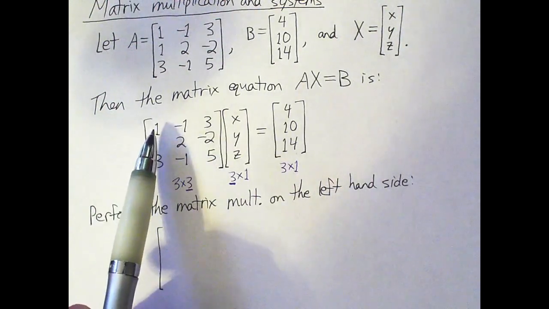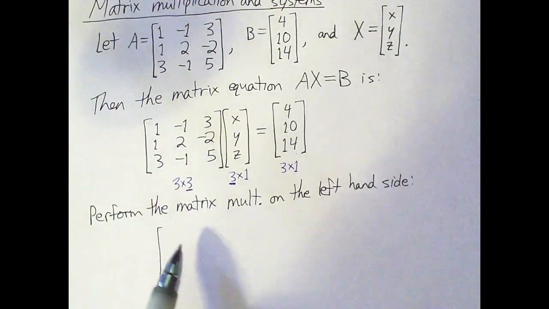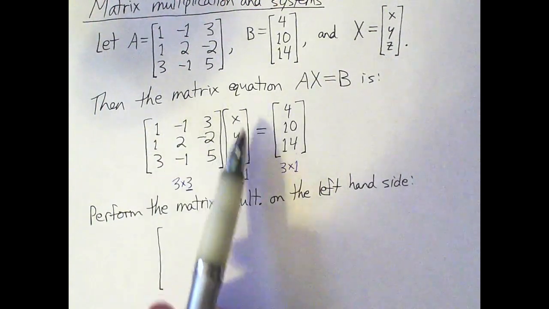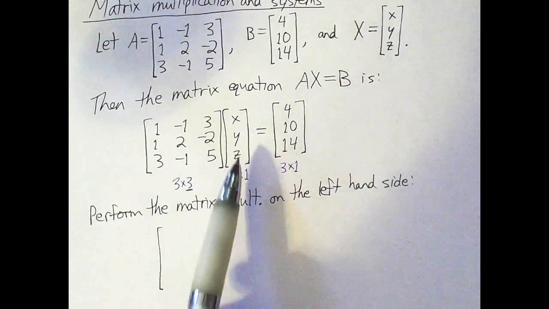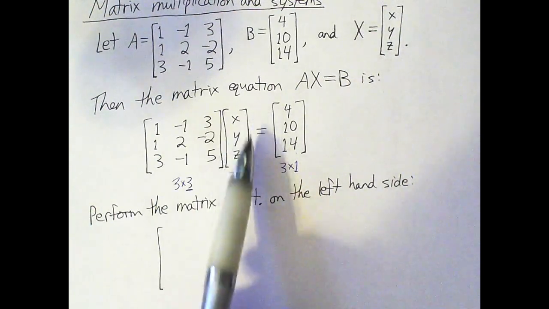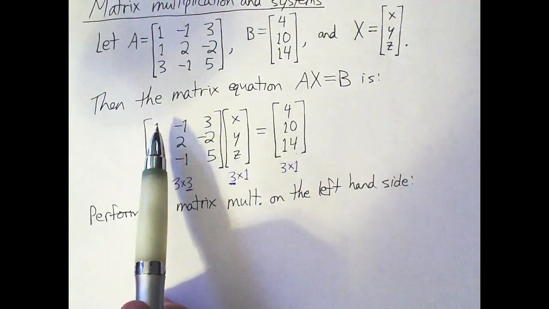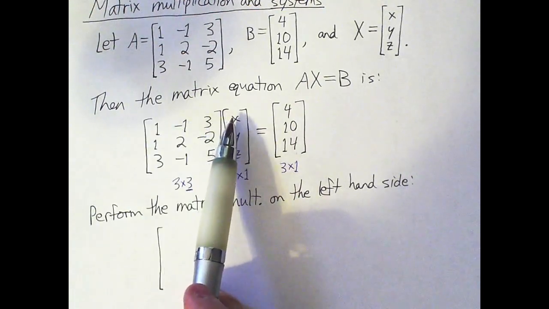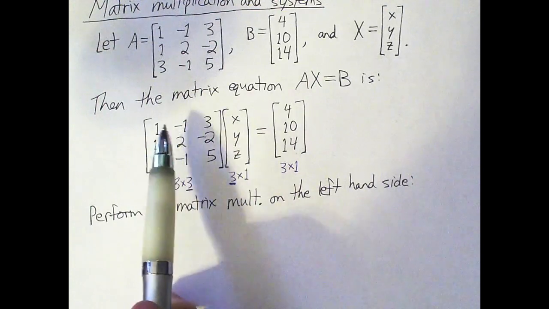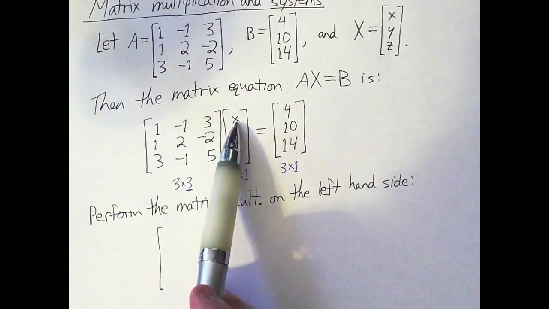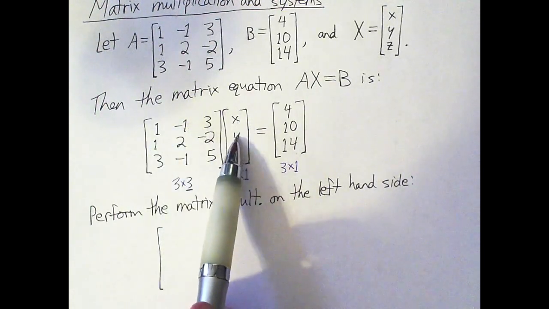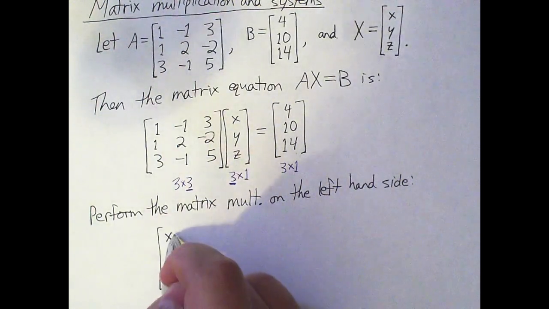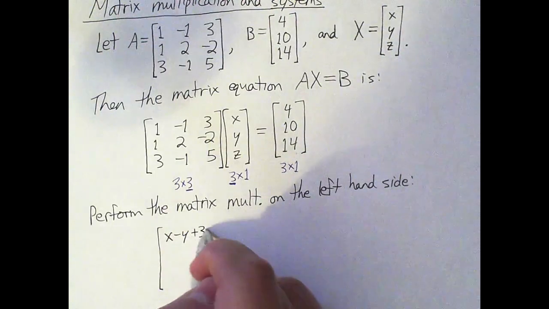To figure out the first entry, you would take the first row of this times the first column of this. Well, there's only one column of this anyway. First row is 1, negative 1, 3, and then this is X, Y, Z. So I'm going to do 1 times X plus negative 1 times Y plus 3 times Z. That's going to look like X minus Y plus 3Z.